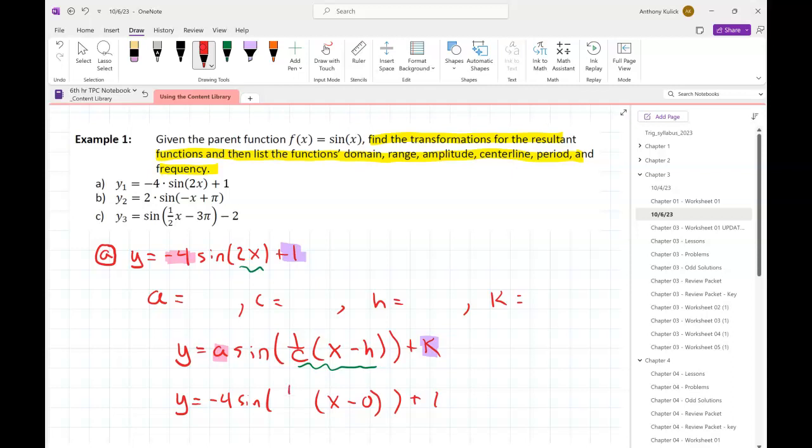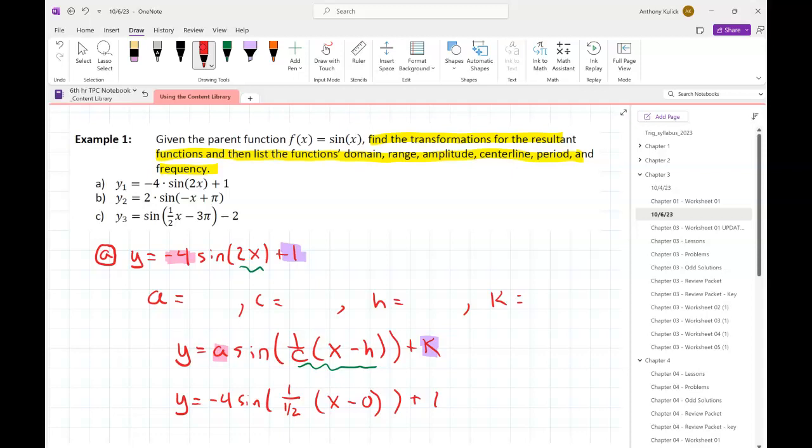Now, how am I going to write the number 2 as a 1 over c? There you go. Yeah, that's exactly right. We talked about that last time: the reciprocal of a reciprocal is like doing nothing at all. So if I want to do nothing to 2, I write it as 1 over 1/2, which does the reciprocal to it twice.